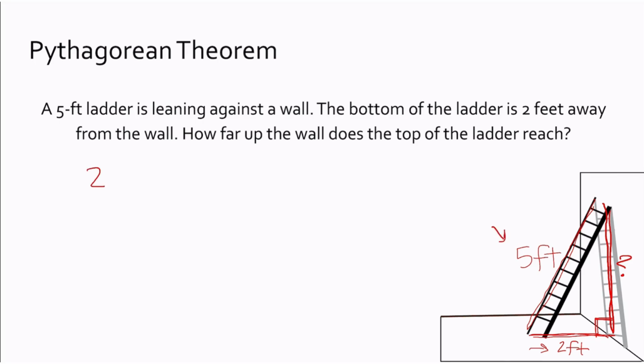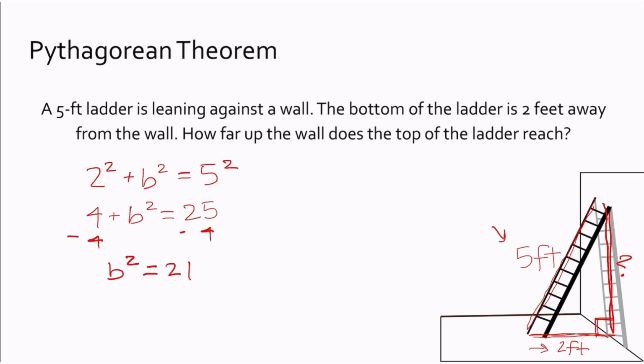So we can take 2 squared plus b squared equals 5 squared to tell us how far up the wall the ladder will reach. 2 squared is 4 plus b squared equals 5 squared is 25. We can subtract 4 from both sides of this, and we get b squared equals 21.